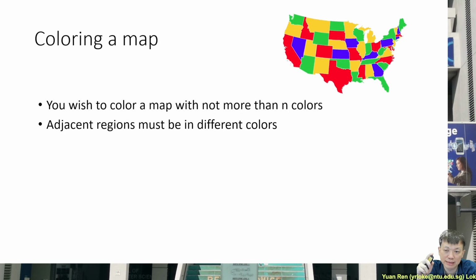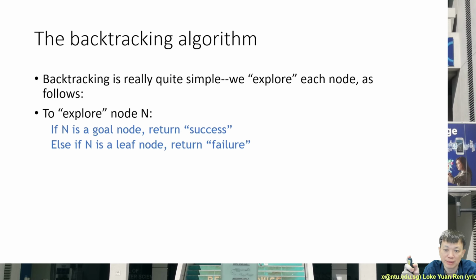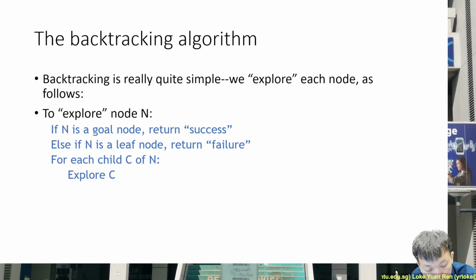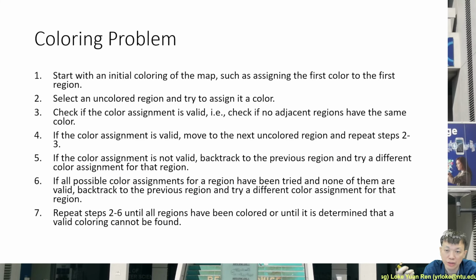In such a way, as I told you on Monday, you can use the backtracking algorithm. Starting initially, I put one color in one of the regions, then look for the next adjacent region and put another color and check whether this is valid or not.